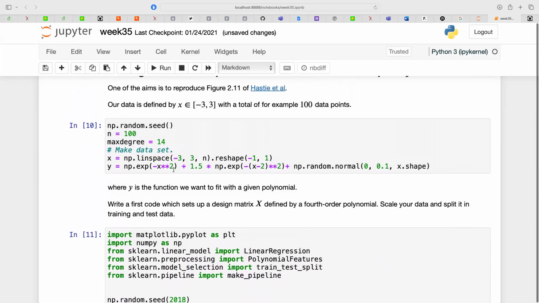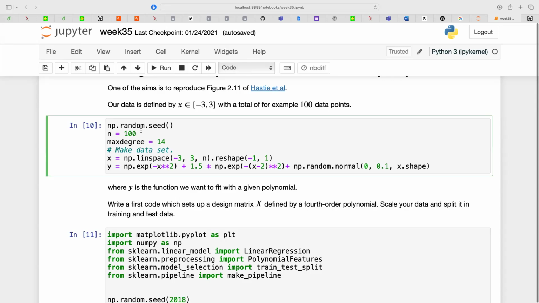This is in a way a preparation for the project, which comes next week. So this is a little bit more complicated function I want to fit, instead of just a simple polynomial. If you don't like the cases we suggest, you can just change it to other functions which you want to try.